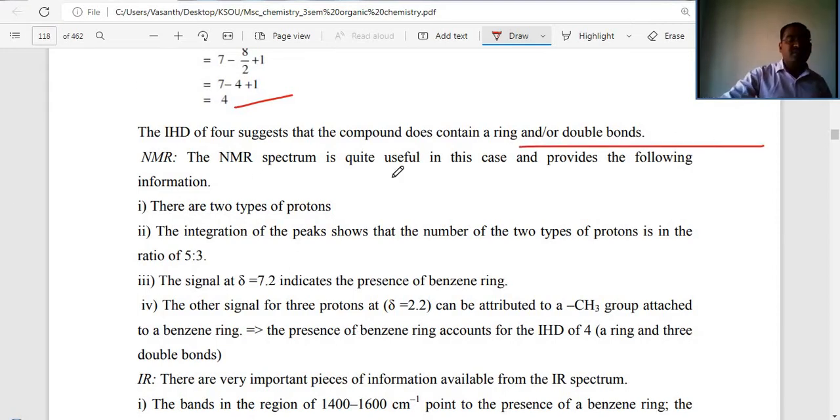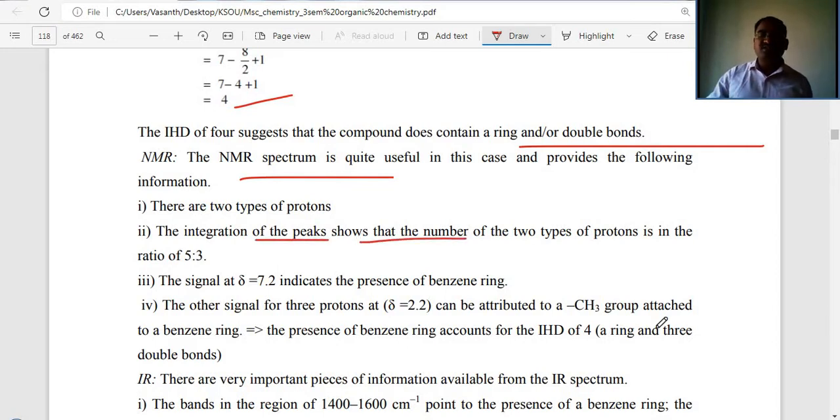The NMR spectrum is quite useful in this case and provides the following information. There are two types of protons. The integration of the peaks shows that the number of protons of the two peaks is in the ratio of 5:3.